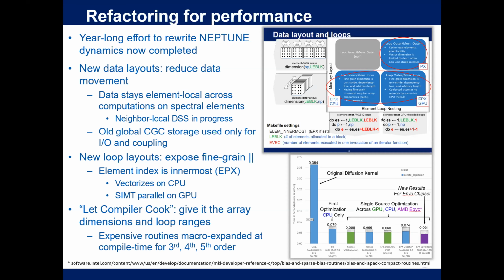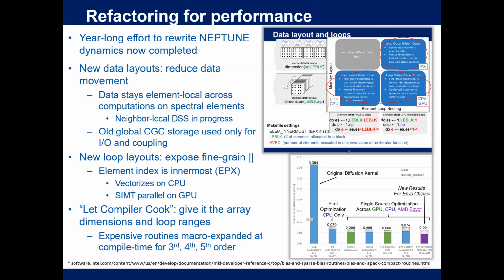So we've done some tests to compare that with the older PX ordering, where the element index was outermost. And it turned out that this was, in fact, more efficient, largely because it allowed us to vectorize more. So between not moving the data around and exposing fine-grained parallelism, we were able to get considerable performance benefits. You'll see that in a couple of slides.